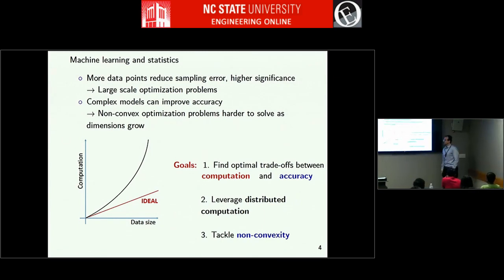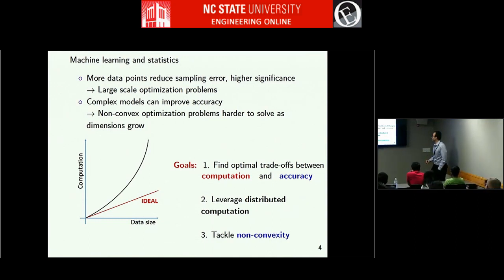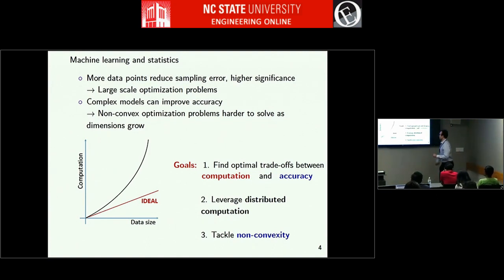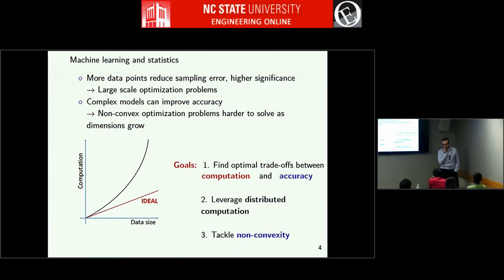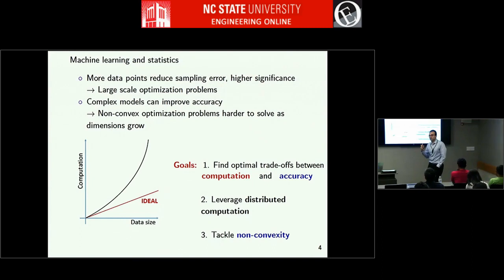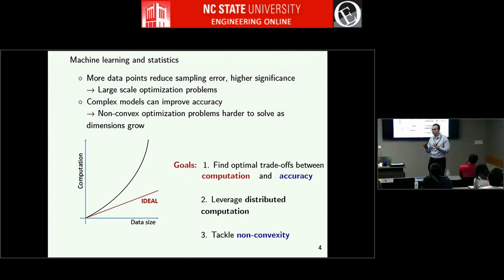Then we want to leverage distributed computation. We are already at the limits of centralized computing, so we would like to utilize lots of parallel GPUs and lots of nodes in a cluster. The third one will be tackling non-convexity. How can we deal with non-convex optimization? These are very hard problems, but we can have heuristics. And if we make the heuristics faster using techniques like compression, can we say something concrete about these results?